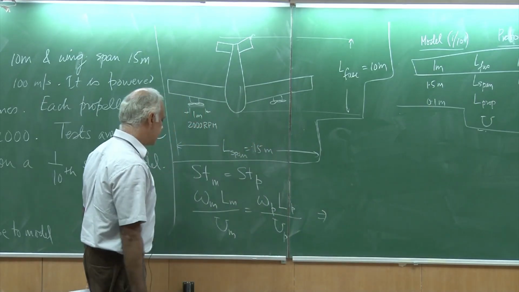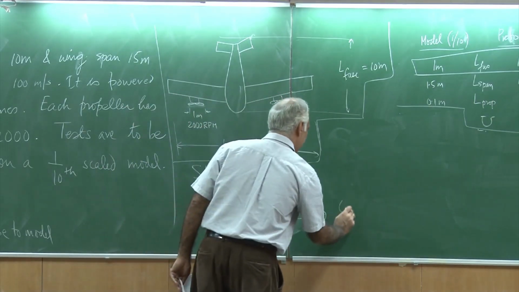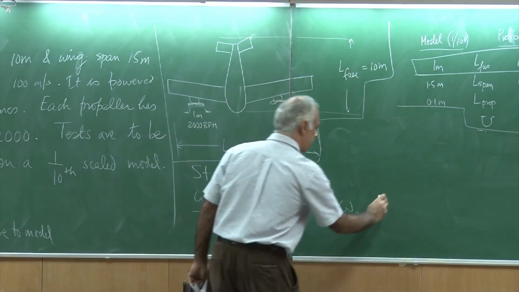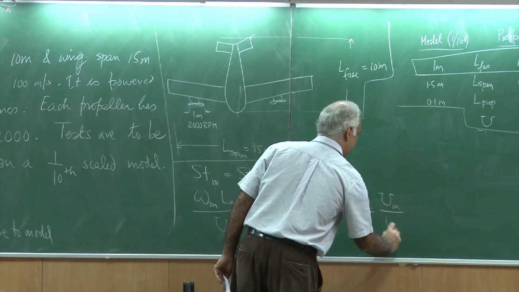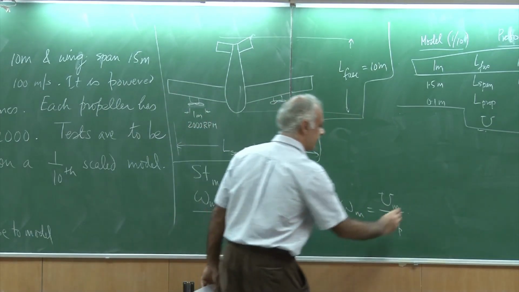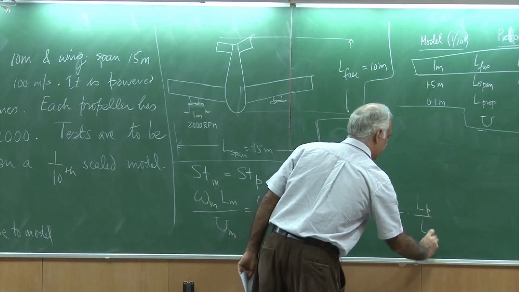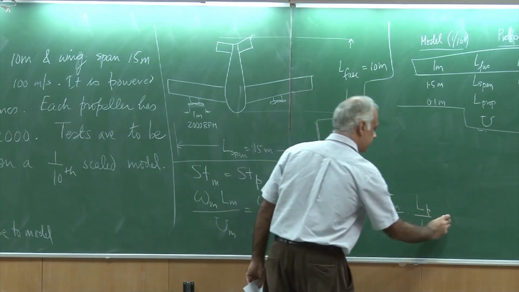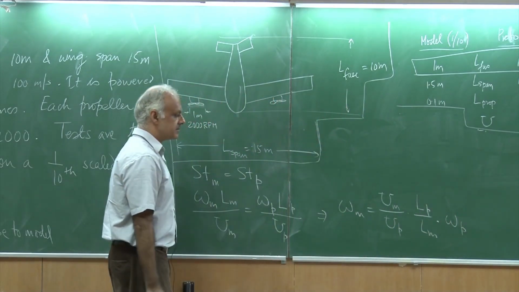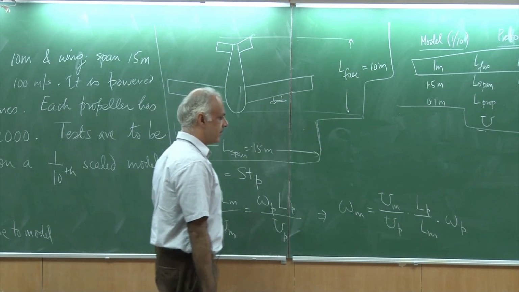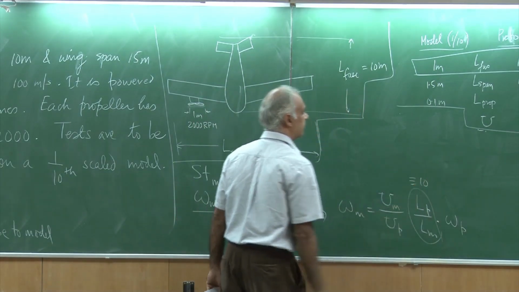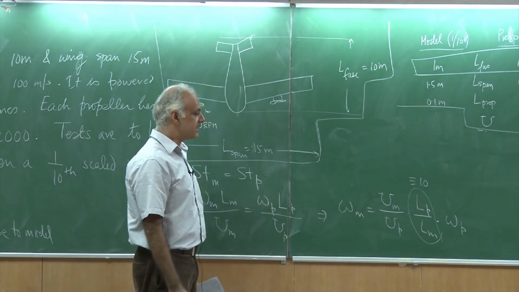This would imply that omega for the model is actually u model by u prototype and L prototype divided by L model times the omega for the prototype. This here is 10 because I have a 1/10 scale model.